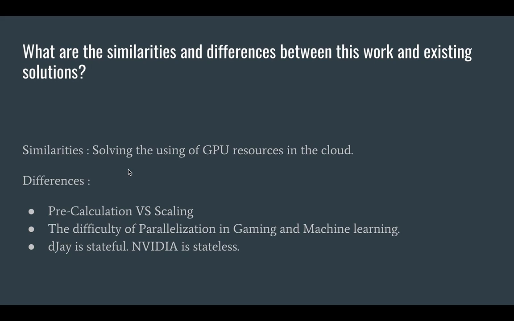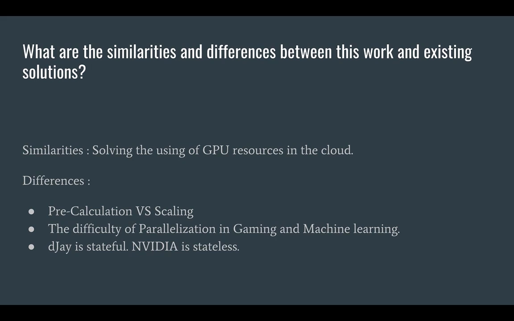What are the similarities and differences between this work and existing solutions? The similarity is that both solve the problem of using GPU resources in the cloud. The differences are, first, DJ uses pre-calculation. They estimate their utility, and NVIDIA uses scaling.